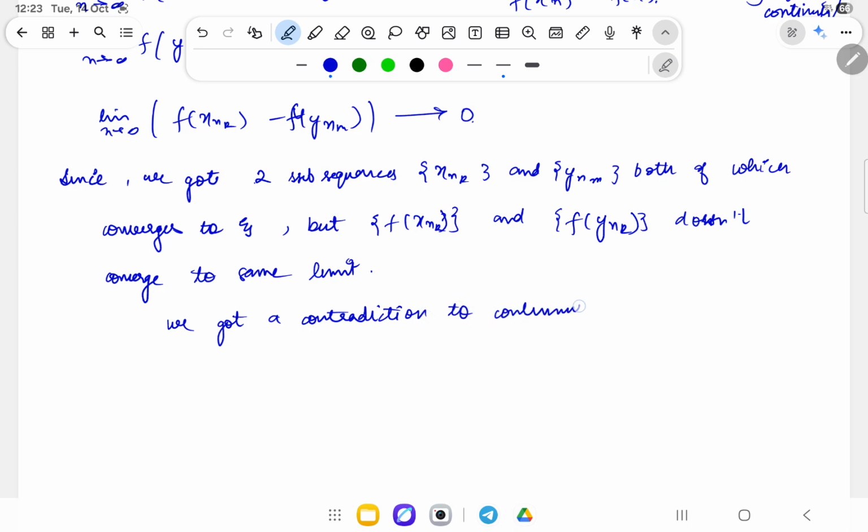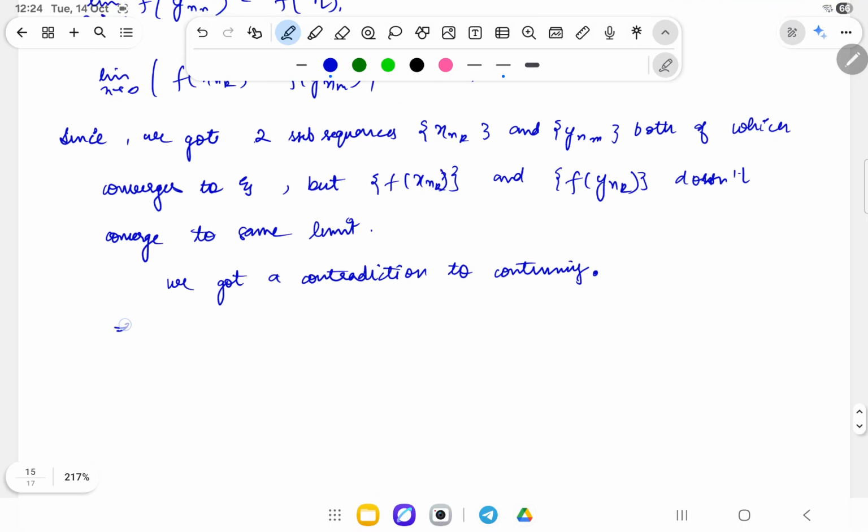That means that if we assume that a continuous function on a closed and bounded interval is not uniformly continuous, then we get a contradiction that the function is not continuous as well, but it is given to us that the function is continuous, so our assumption is basically incorrect.